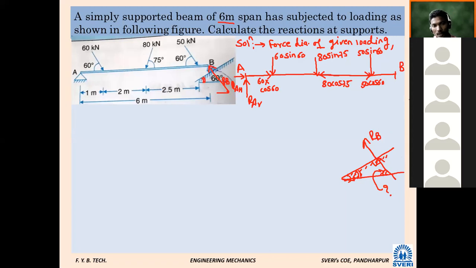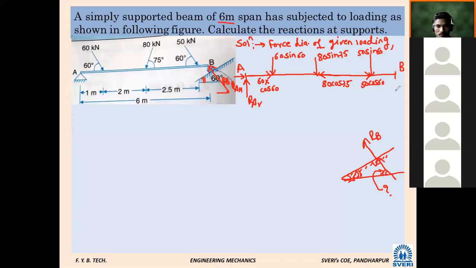Now in case of the RB force, the angle made is 30 with horizontal. Then what will be its horizontal component? RB cos 30 or sin 30? Cos 30. Towards left or towards right?